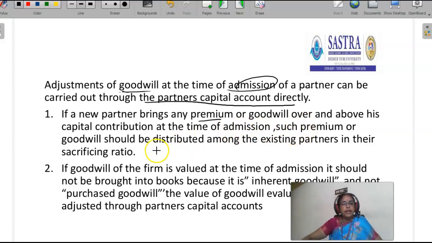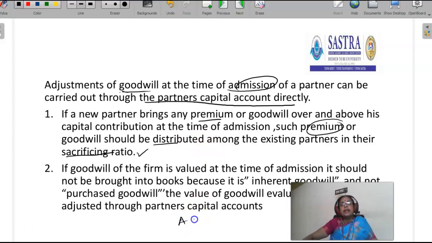Such premium or goodwill should be distributed among the existing partners in their sacrificing ratio. Why? Because he has brought cash for the purpose of compensating the sacrifice made by the partners.